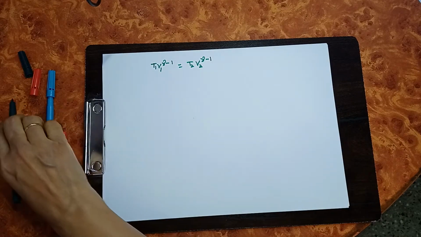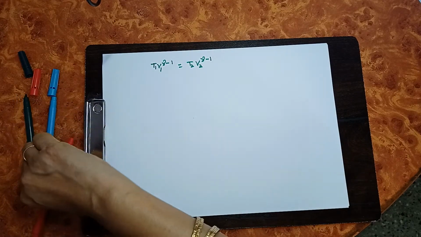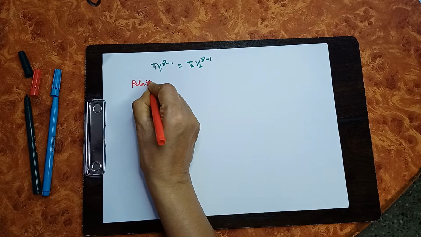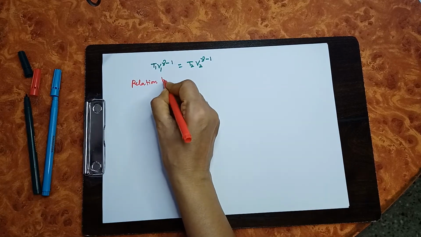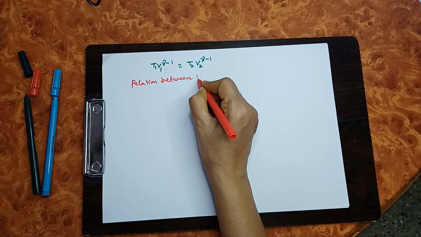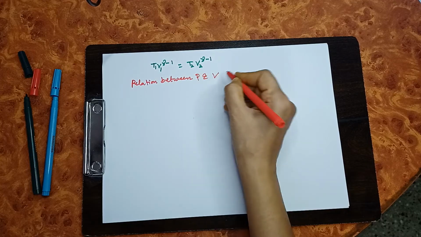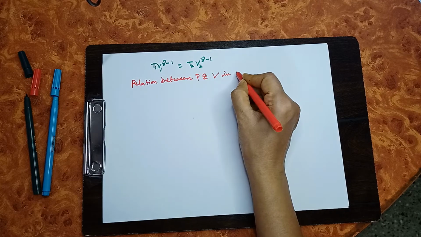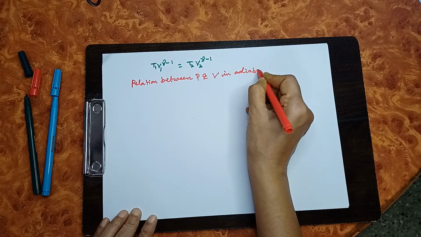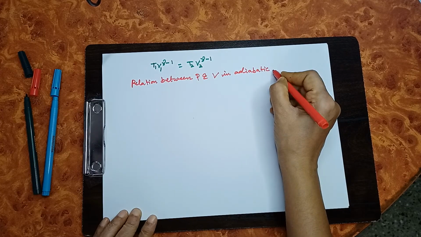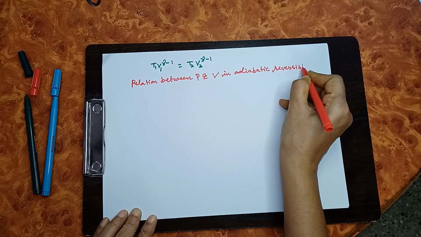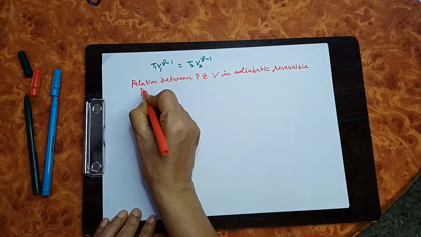So now we have to derive the relation between pressure and volume in adiabatic reversible process.